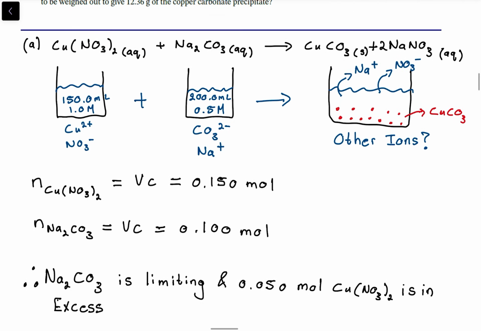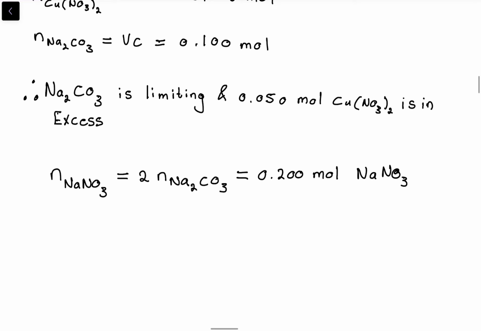Question, how much nitrate is in excess? So that's reacting. Things that are in excess, so that means there is still copper nitrate left, and that we said is 0.05 mole.